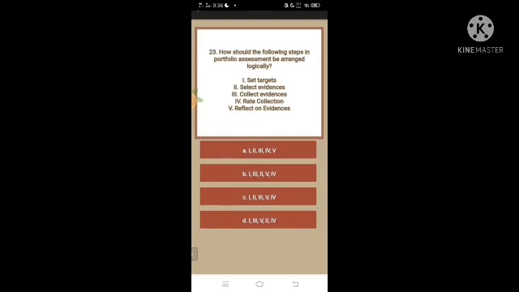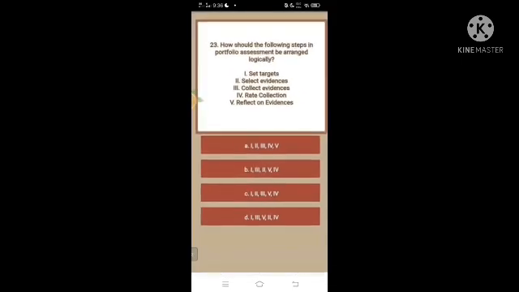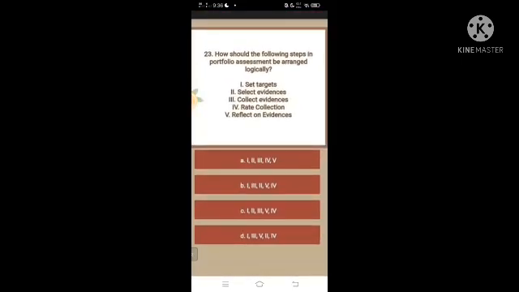In my own idea, I think the correct answer is letter C because letter C starts with set targets. And yeah, it's correct to set the target first. And then second is to select the evidences.